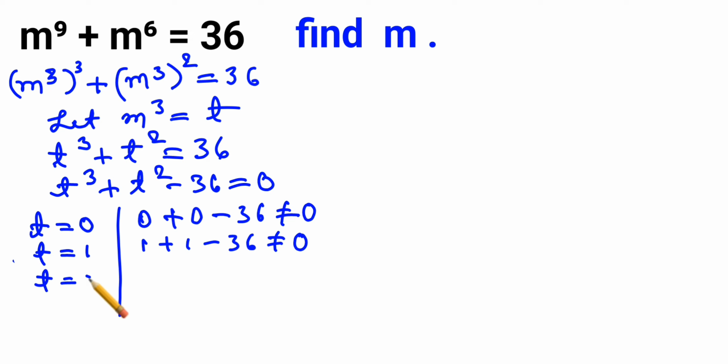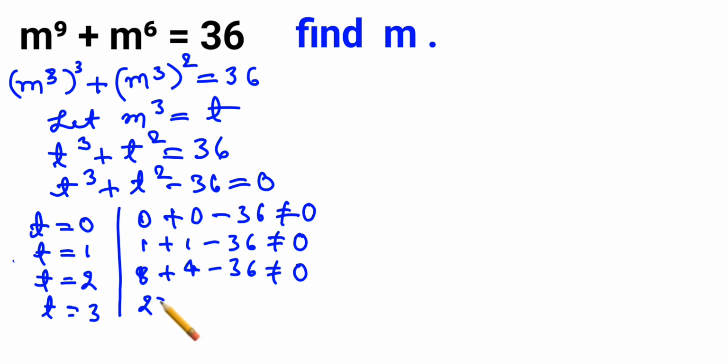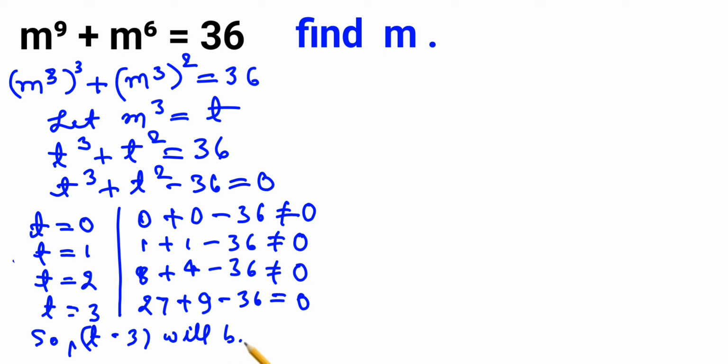Then t equal to 2, so 8 plus 4 minus 36 is not equal to 0. Next we take t equal to 3, then 27 plus 9 minus 36 is equal to 0. Means t equal to 3, so t minus 3 will be one factor of the equation.